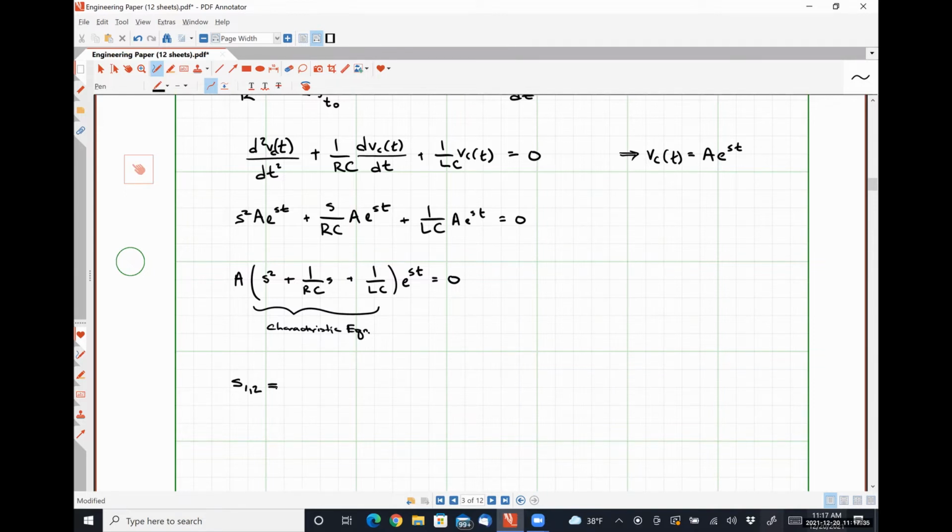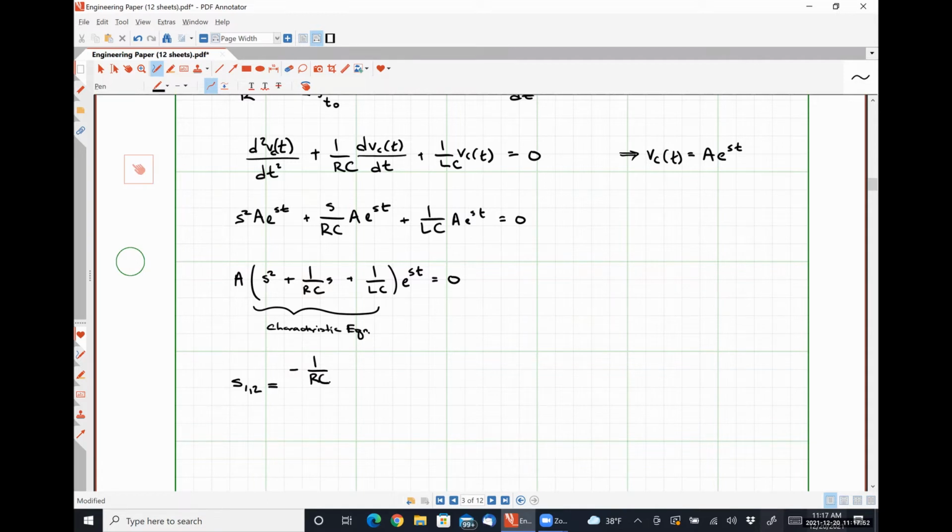So my natural frequencies, or eigenvalues, or whatever kind of hippie thing you want to call it, depending on what math you've been in, for this system is going to be given by negative 1 over RC, right?